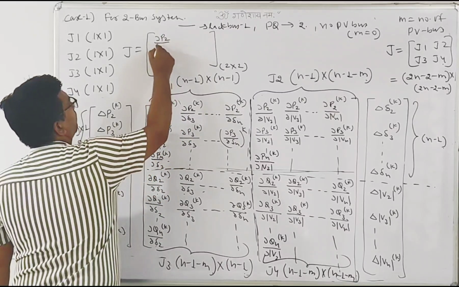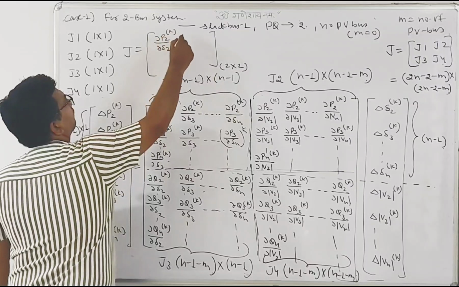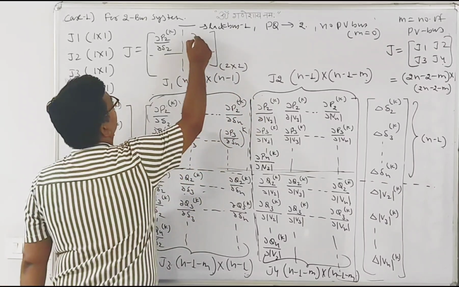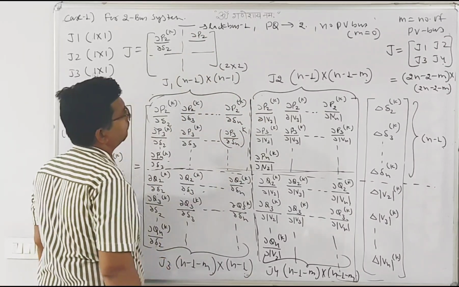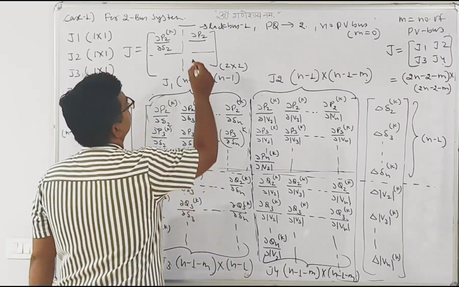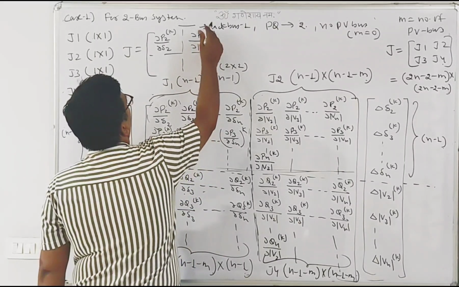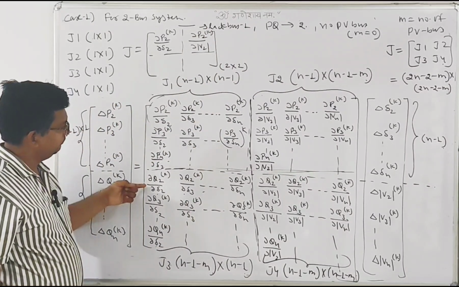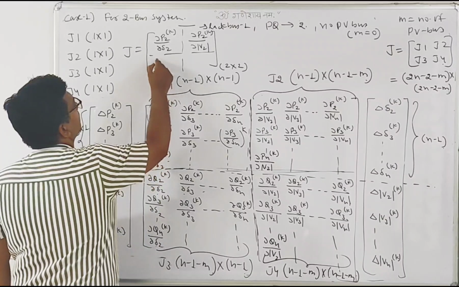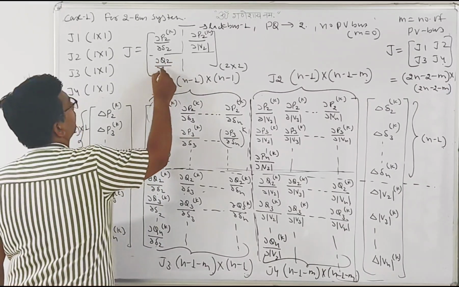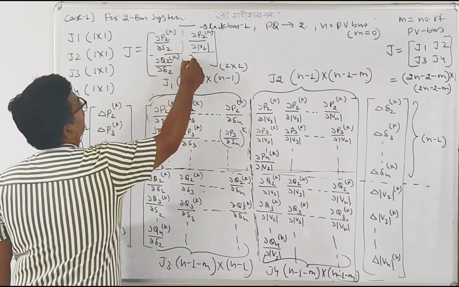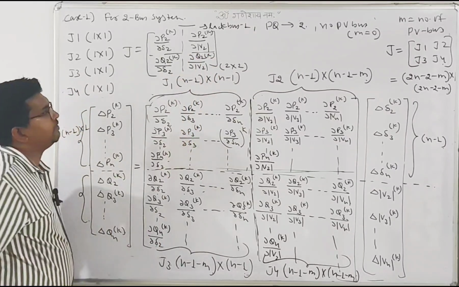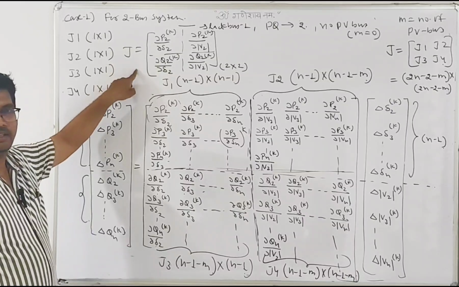So this is delta P2 upon delta 2 K. This is J2, again 1 by 1: delta P2 upon delta V2 K. And this is J3, which becomes delta Q2 upon delta 2 K, and this is delta Q2 upon delta mod of V2 K. So this will be the structure of J for a 2-bus system.